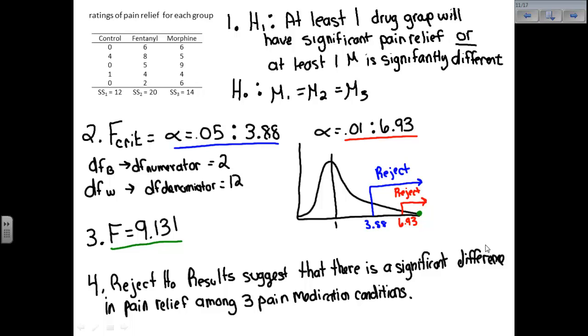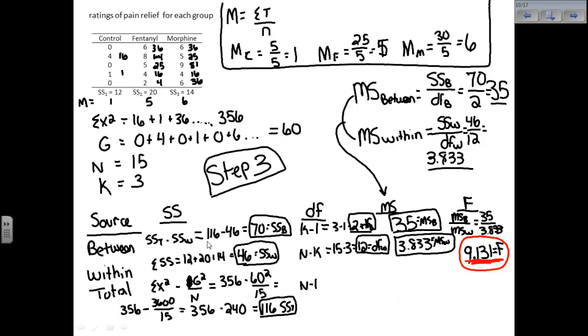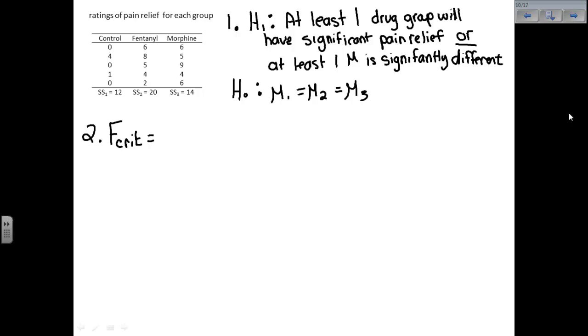Okay, so for the effect size, you want to find eta squared. I'll put this here. So effect size, eta squared, which is the sum of squares between divided by the sum of squares total. And if you go back and look at the calculations that we already did, sum of squares between is 70, sum of squares total is 116.